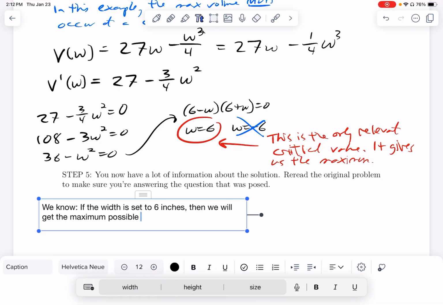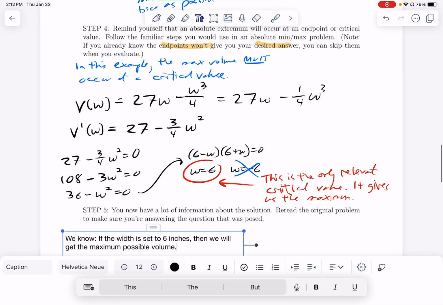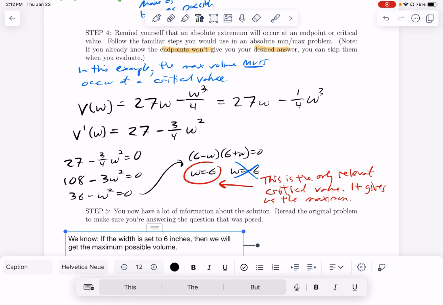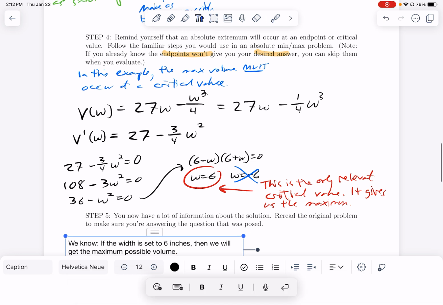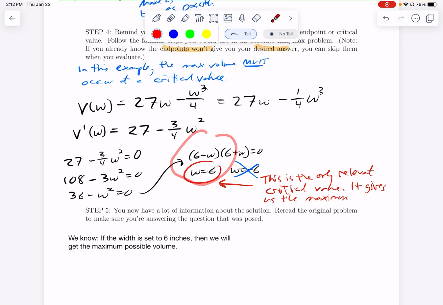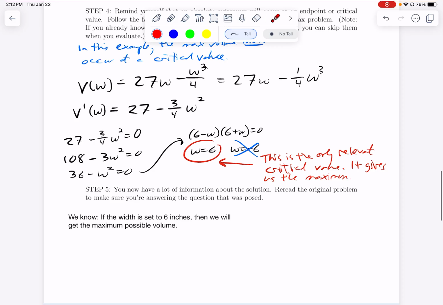Or not area, volume, sorry. The maximum occurs at a critical value. And we found what that critical value is. Right? So we have really key information so far.